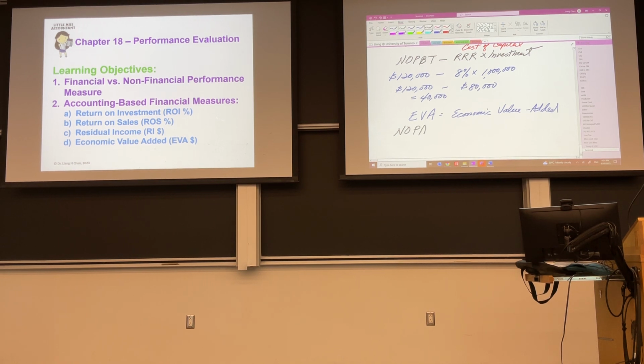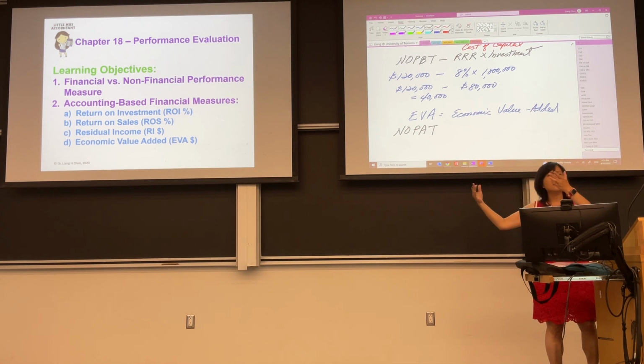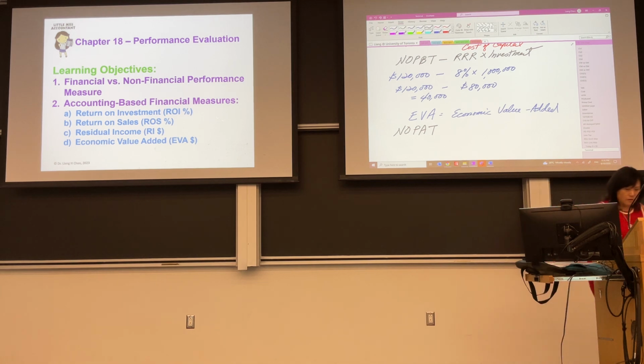Net operating profit after tax, NOPAT. Whatever the operating profit you have, let's pay tax first. In the income statement, we subtract interest expense. But if you use shareholders' money, shareholders expect dividends, which are not calculated in the income statement. So minus something called WACC, weighted average cost of capital, times investment.